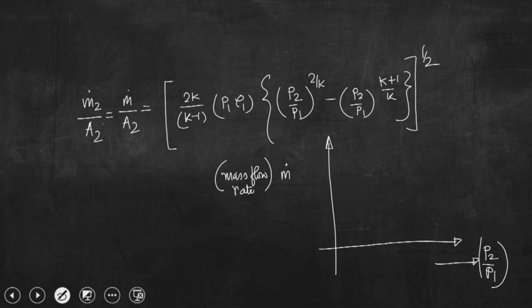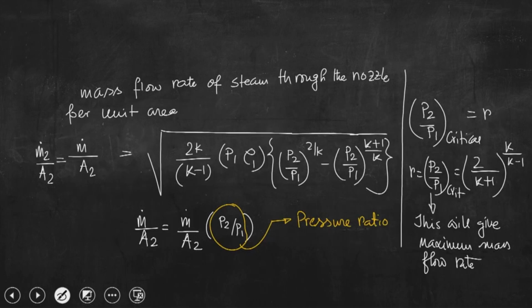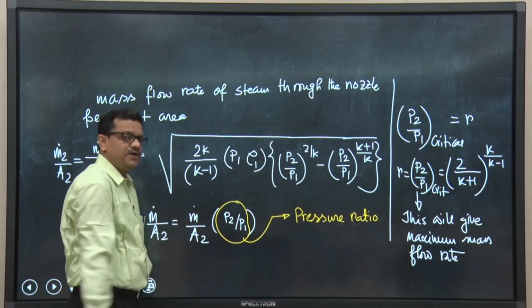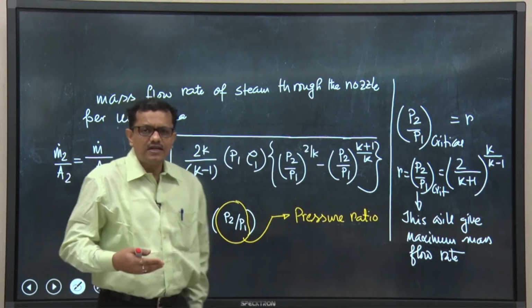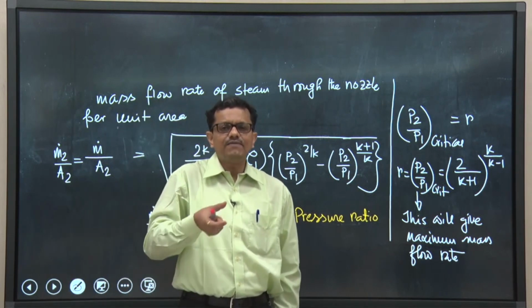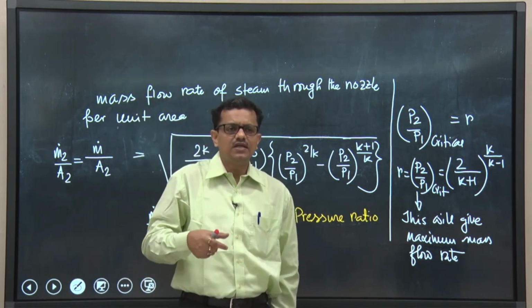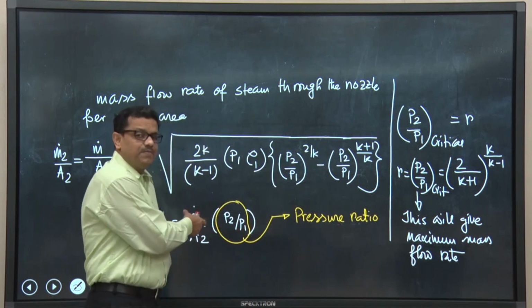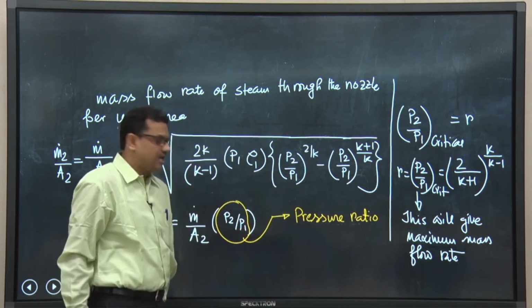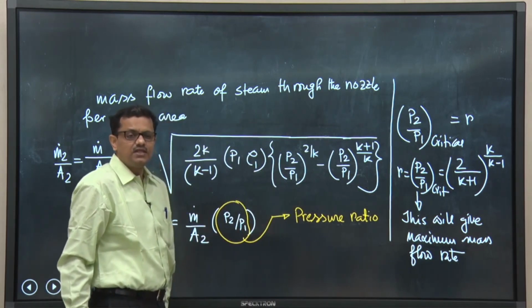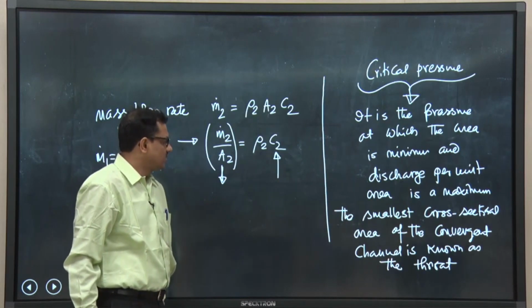Why? If we go back, we have written that m dot by A2 is a function of P2 by P1. So, let us try to have the graphical representation of this function, m dot by A2, which is a function of P2 by P1.